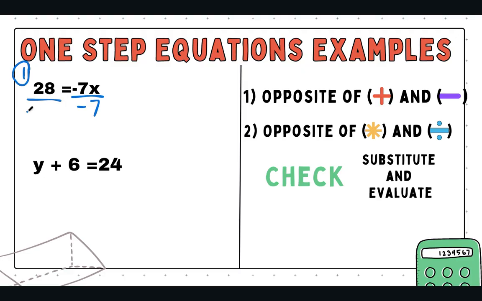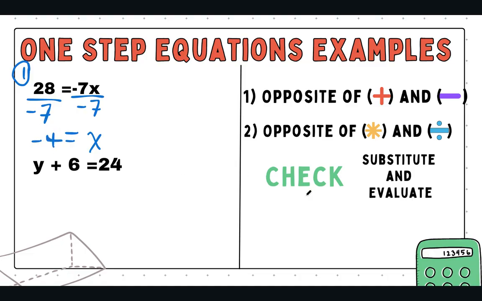Throughout this course, you will hopefully get very comfortable seeing division in the form of a fraction. So -7x divided by -7 is 1x. And yes, it is technically 1x, but we don't have to actually write the coefficient 1. It's understood to be there. 28 divided by -7 is -4.